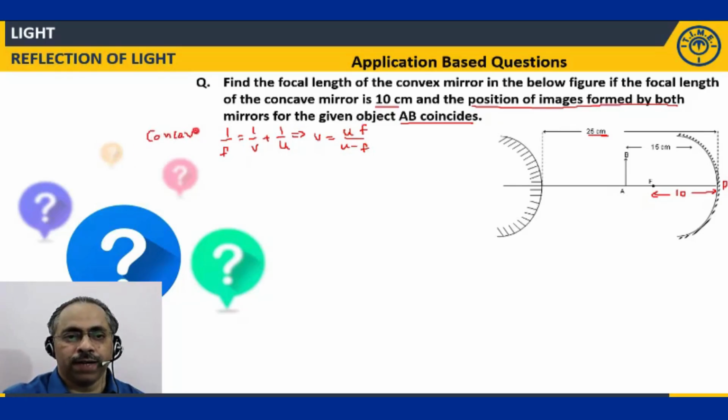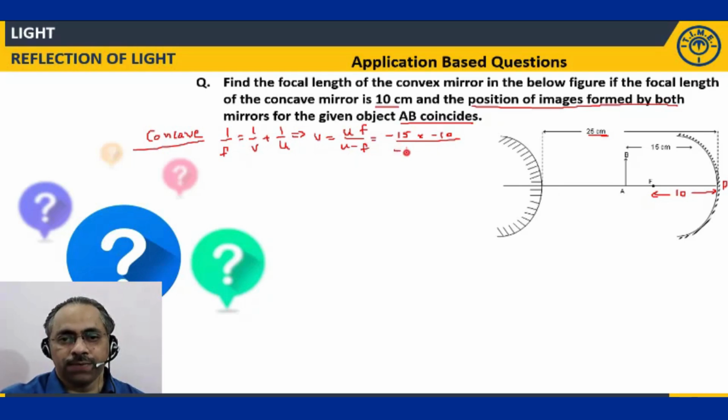I will substitute the values. What is the object distance over here? 15 cm. I'll take it as minus 15 because I need to use the sign convention. Into the focal length, which is again minus 10, divided by U minus F.